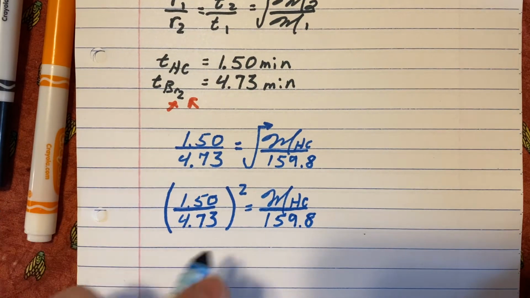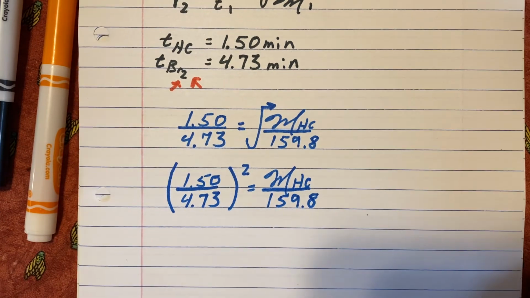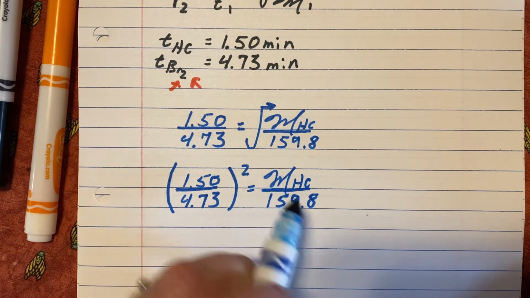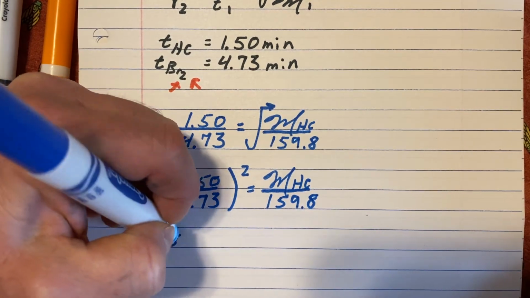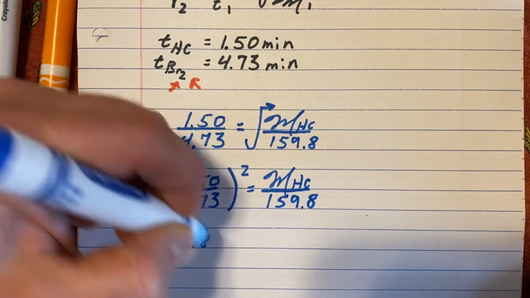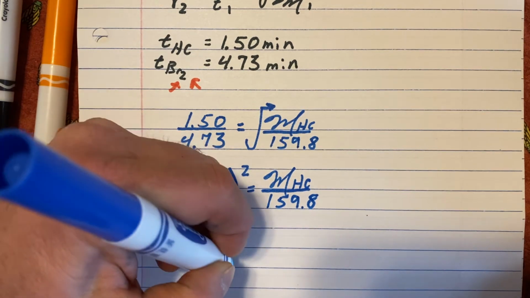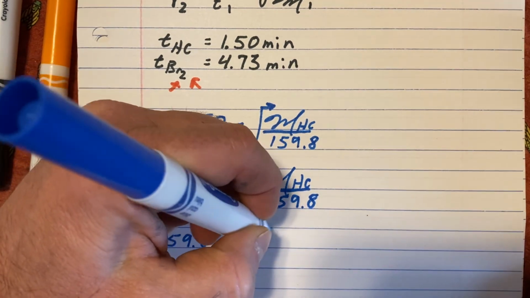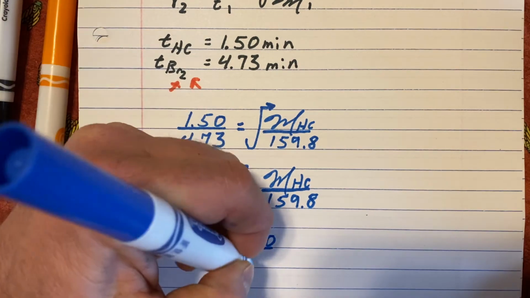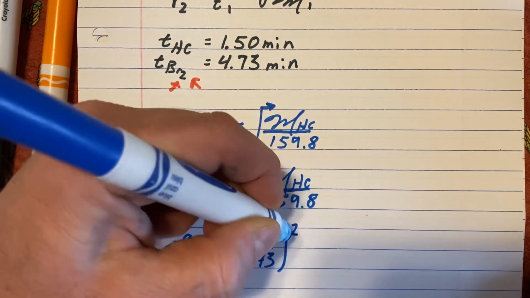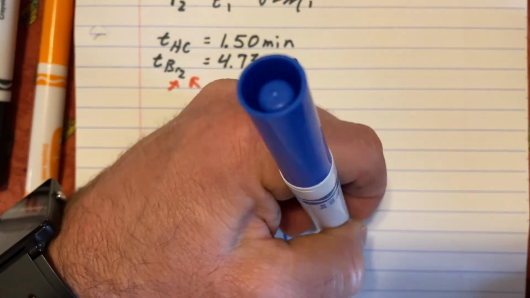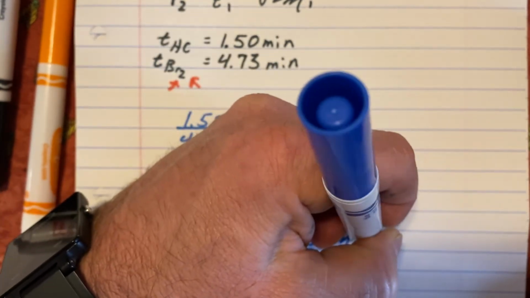Now all I got to do is multiply both sides by 159.8 to get my molar mass all by itself. So it'll be 159.8 times 1.50 divided by 4.73 squared. That will give me the molar mass of my hydrocarbon.